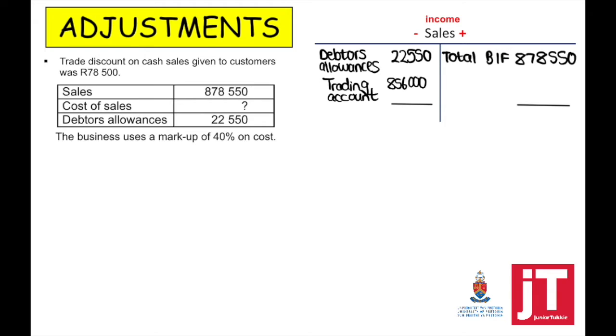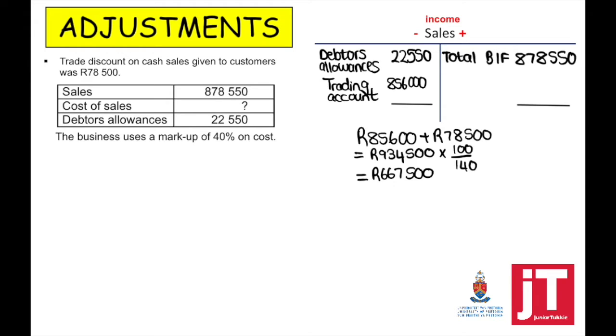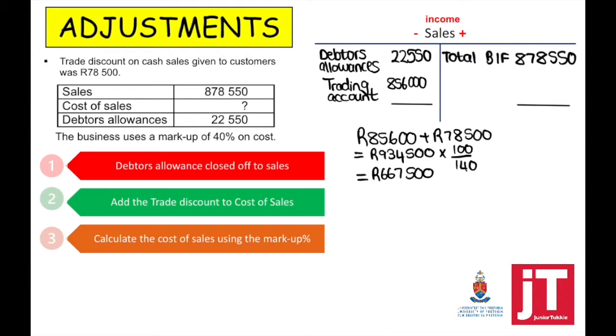We never show the trade discount amount. We always show, after the trade discount was given, how much the customer actually paid. This means if I want to calculate the cost, I need to first add the trade discount to the sales figure, and then I can times it by 100 divided by 150 to find out my cost.